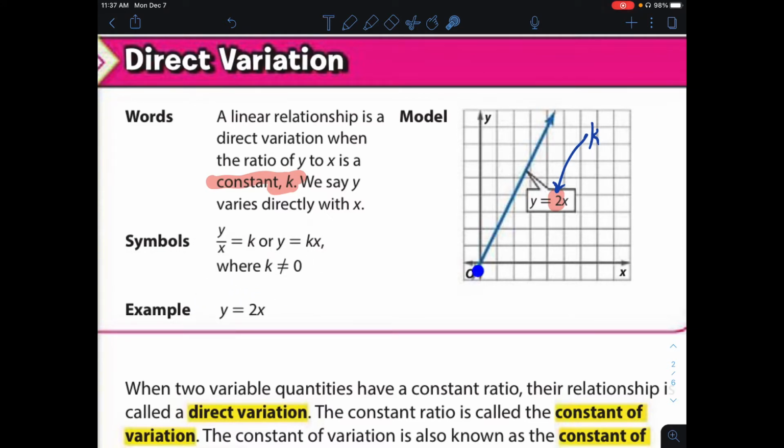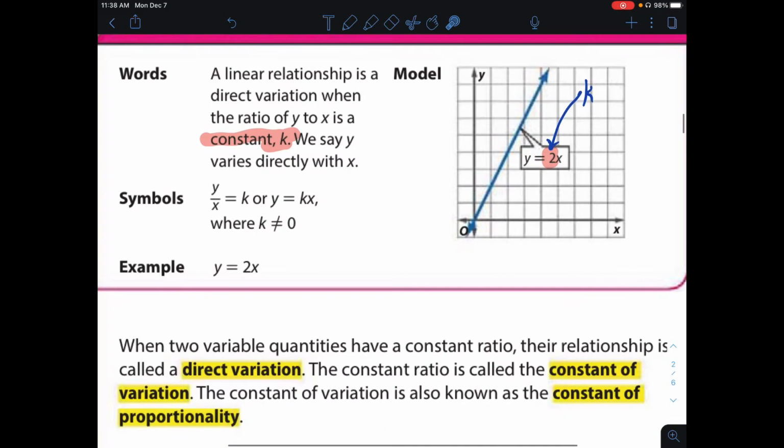And if you notice, it goes through the origin. And if it goes through the origin, remember what that means. It is a proportional relationship. And if it's a proportional relationship, therefore it also has a constant rate of change.